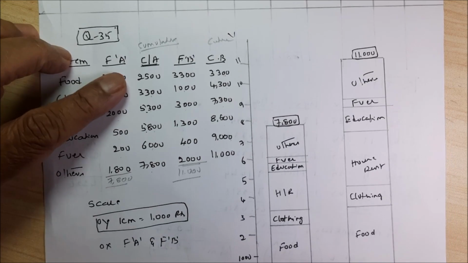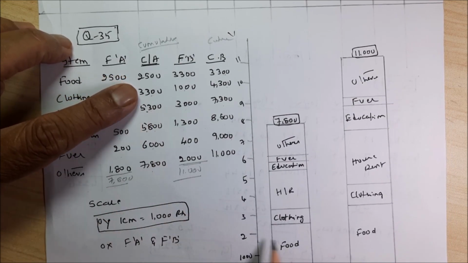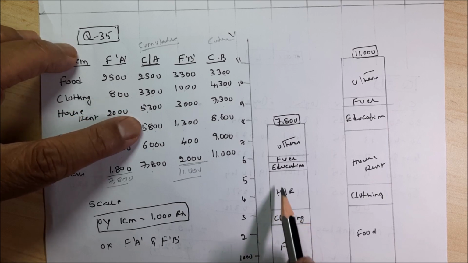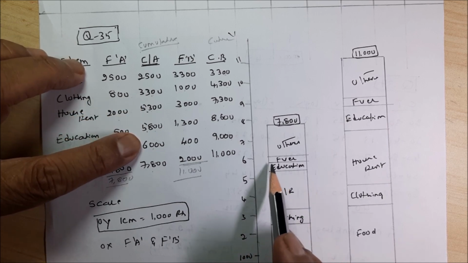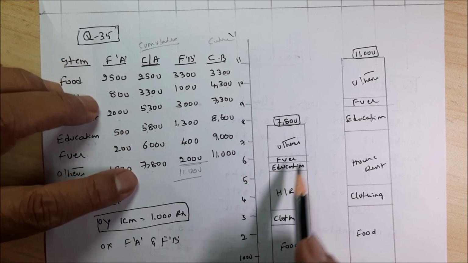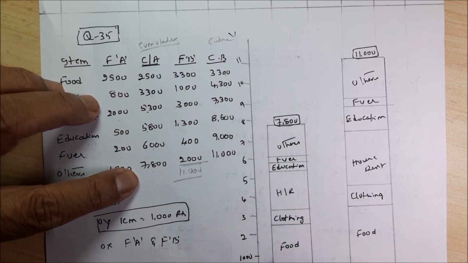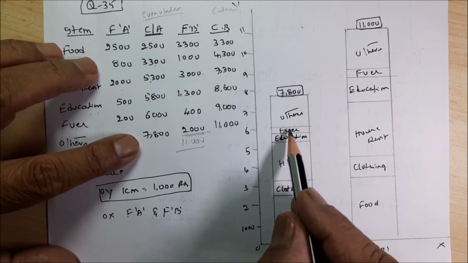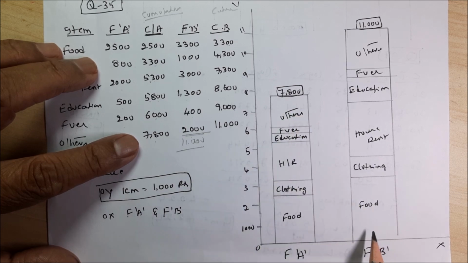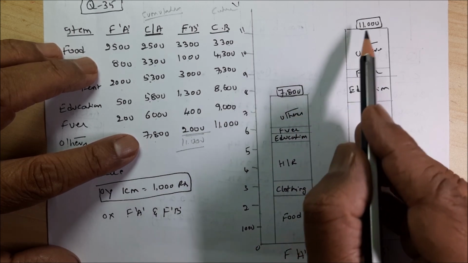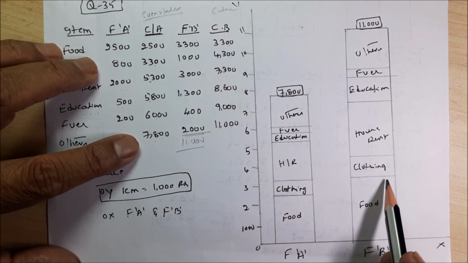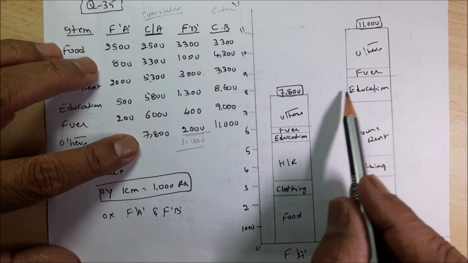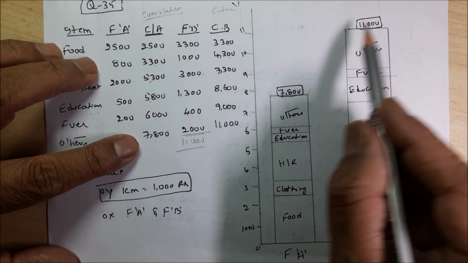You take your cumulative: 2,500, next 3,300, then 5,300, then 5,800, then 6,000, then the remaining 7,800. Then show which is food, clothing, house rent, education, fuel, others. In the similar fashion, the same for 11,000: 3,300, then 4,300, then 7,300, then 8,600, then 9,000, the remaining.